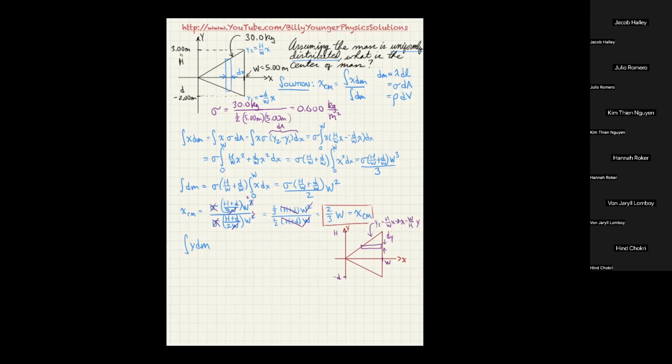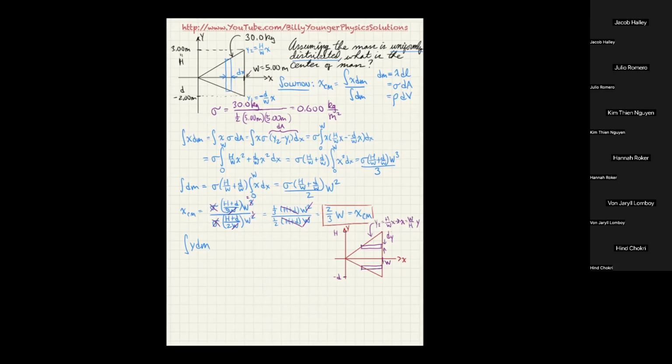But as you notice, once I integrate from 0 up to h, I can't use the same function to integrate from 0 down to negative d. So I've got to draw another rectangle here. And that rectangle, again, needs to be very narrow in y. So I'm drawing it this way.